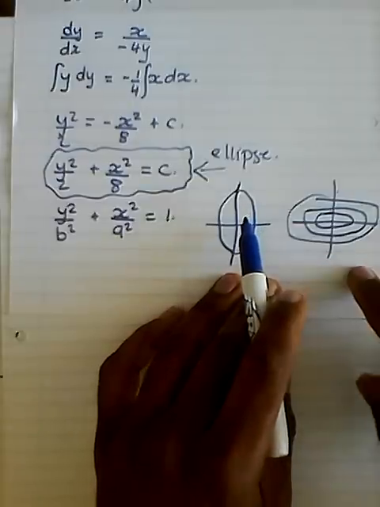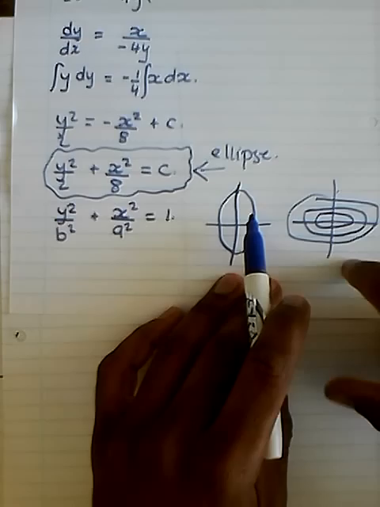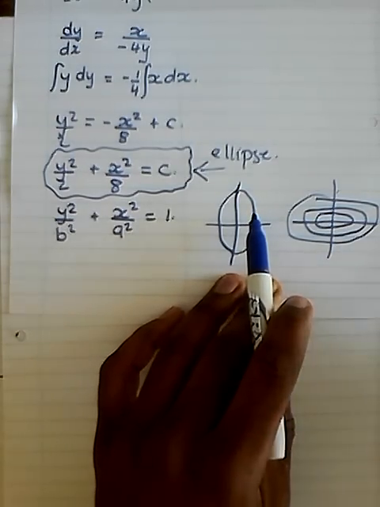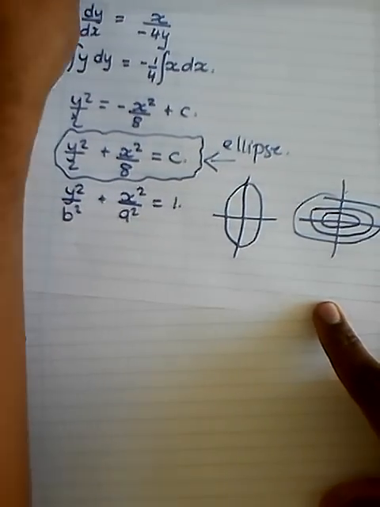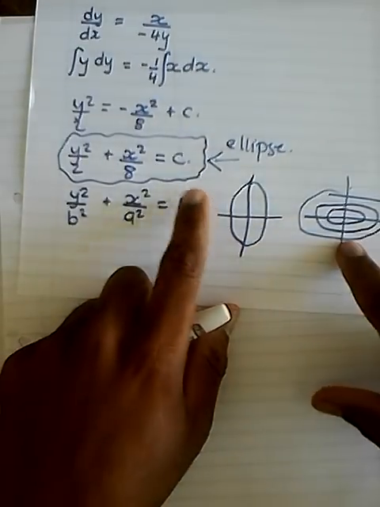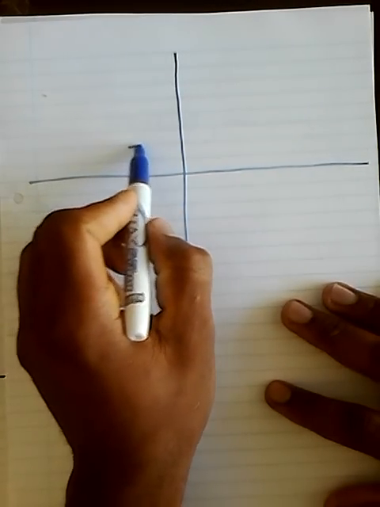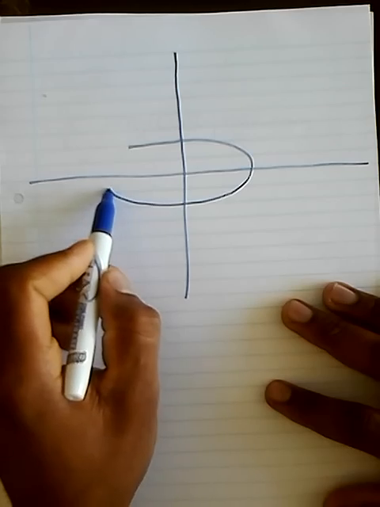Know that whenever we draw trajectories of a vector field, we need to indicate the orientation. So to do that, let me draw this one here. I'm not good at drawing, but I will try to be good.